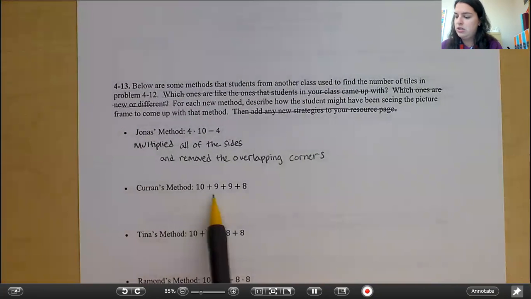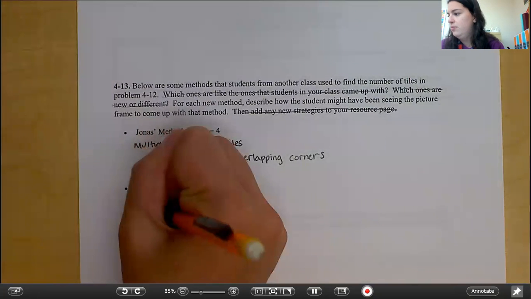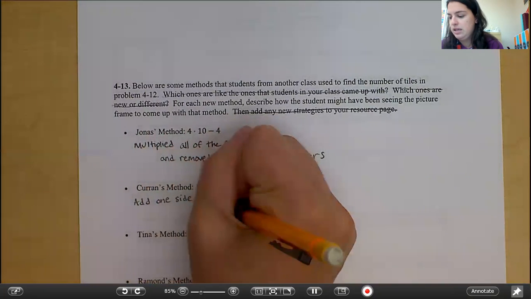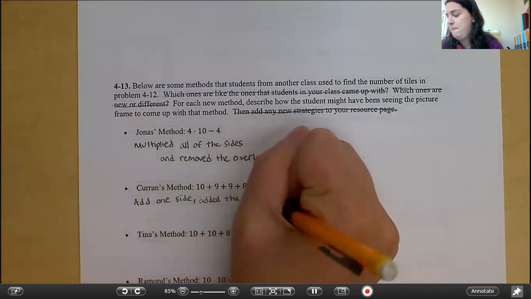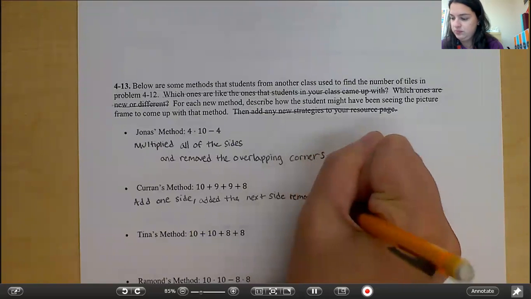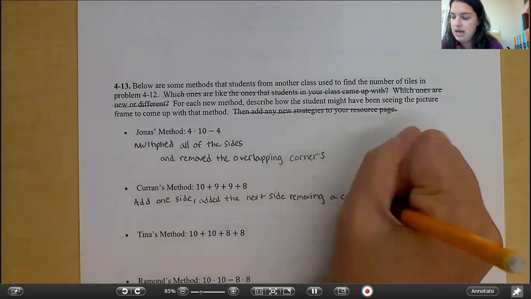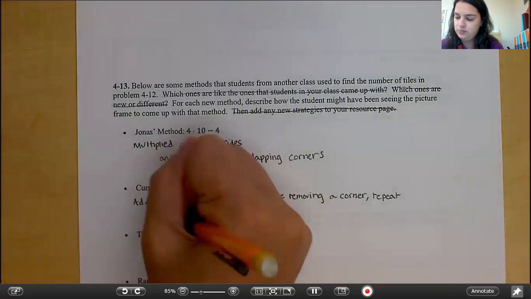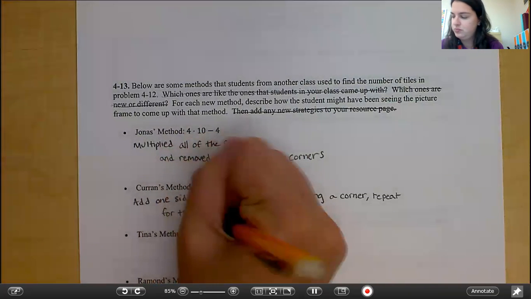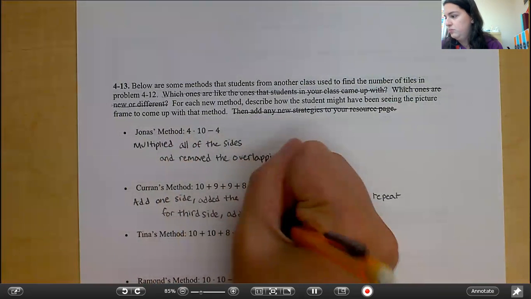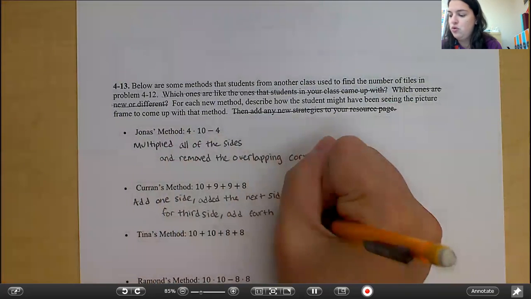Corinne's method was 10 plus 9 plus 9 plus 8. He added one side, added the next side, removing a corner. Same thing on the third side. So repeat for third side. Add fourth side, removing the 2 corners that were already counted.